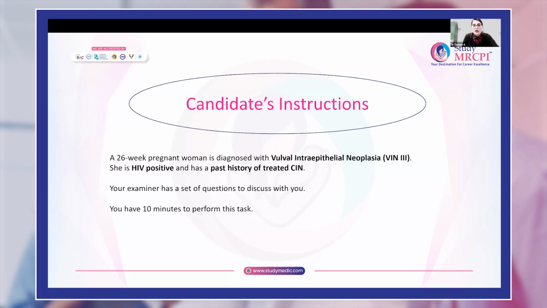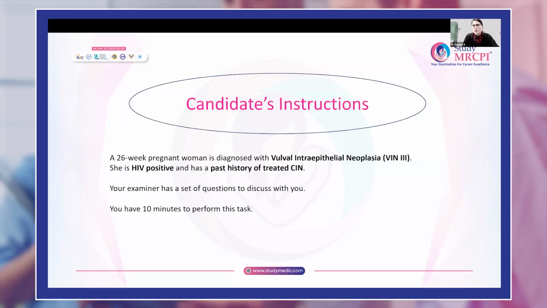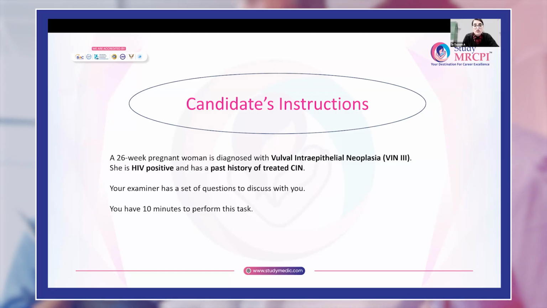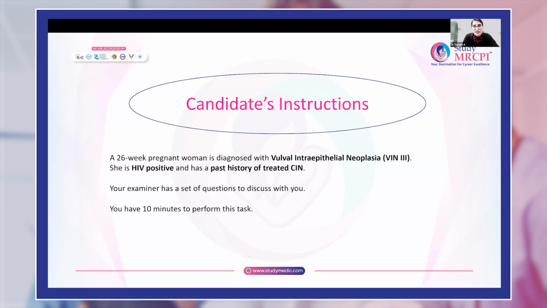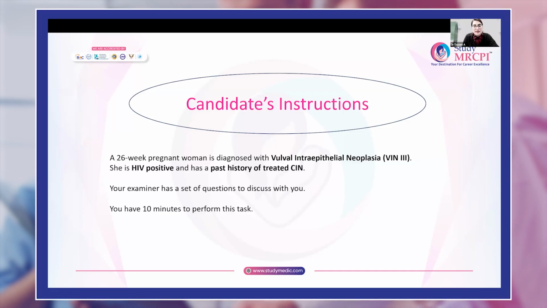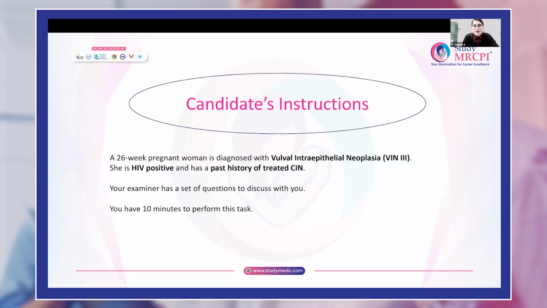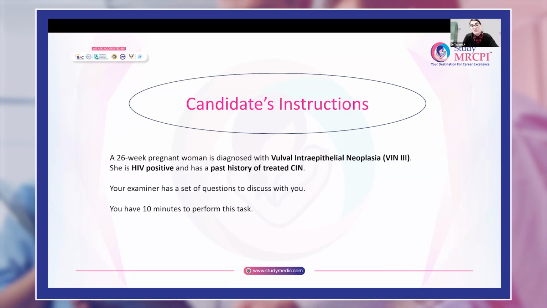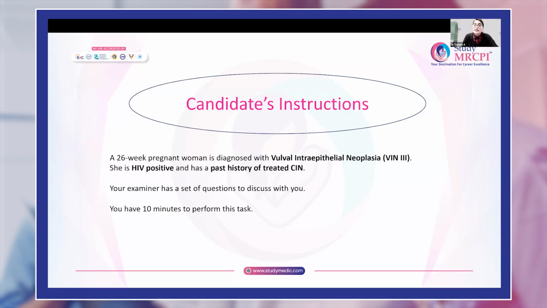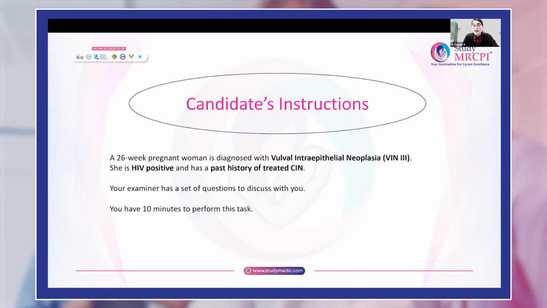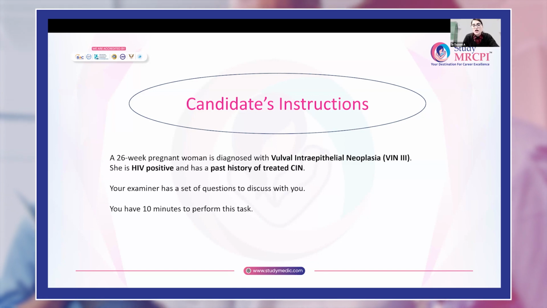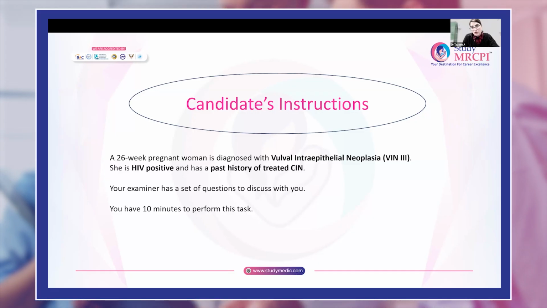Whether she has any pruritus in the vulval area, any bleeding or bleeding on touch, any ulceration, or any abnormal discharge. What is the duration of these symptoms, and whether there is any change in the appearance of the vulval lesion, or any such lesion at other sites of the body.